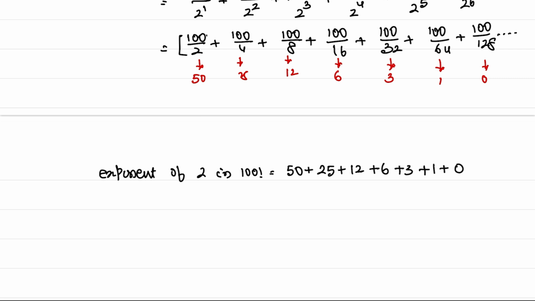The greatest integer we have to put. That greatest integer symbol means the greatest integer less than x. That means greatest integer less than 2, greatest integer less than 4. Like that we have to find out.